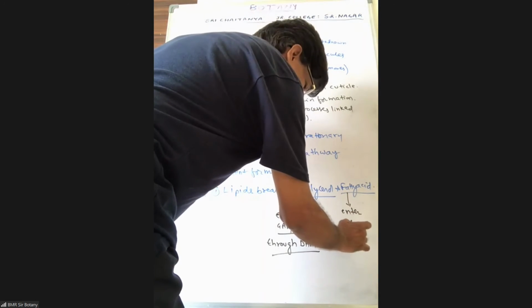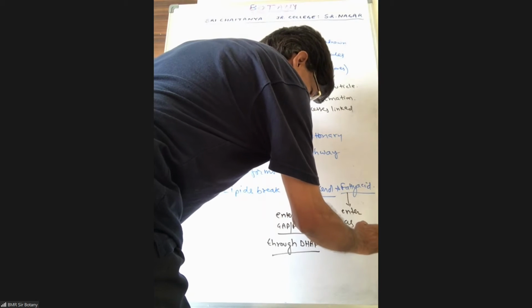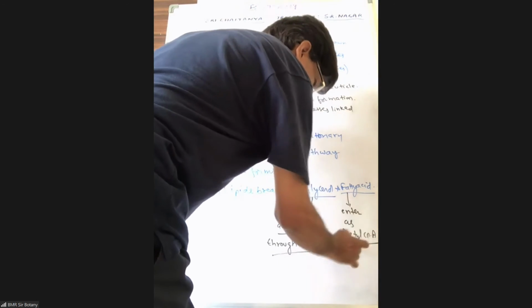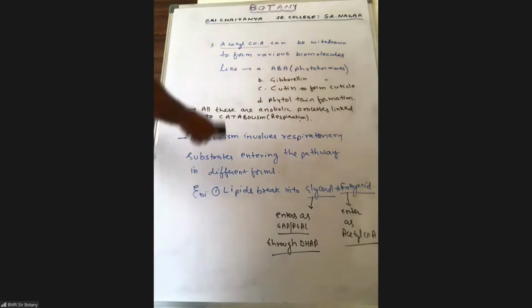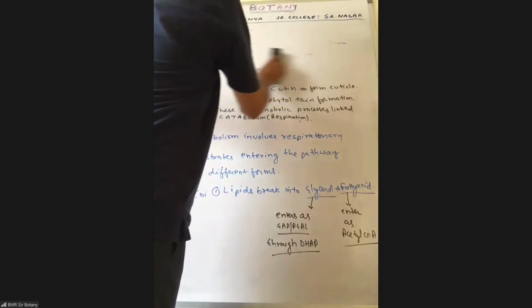Fatty acids enter as acetyl-CoA. Fatty acids convert into acetyl-CoA, then they start with the TCA cycle, because acetyl-CoA can be an intermediate for the TCA cycle. Lipids, if it is. Proteins, if it is, how? Let us see.